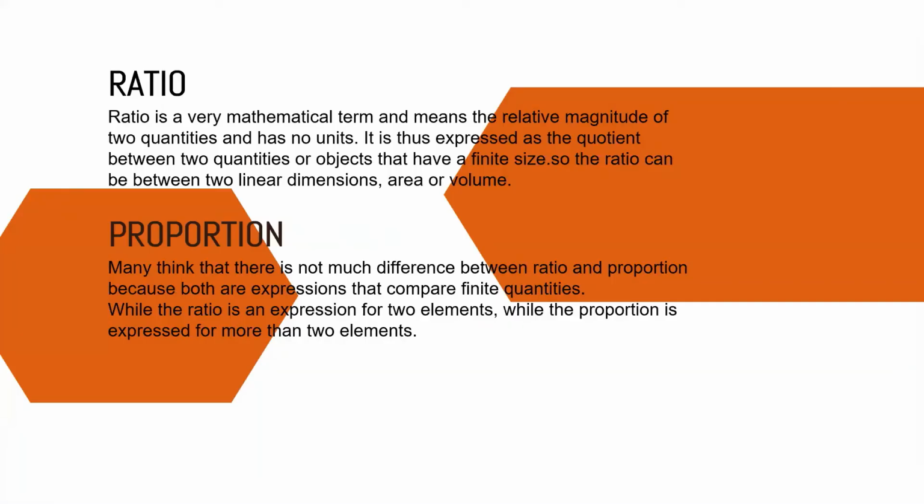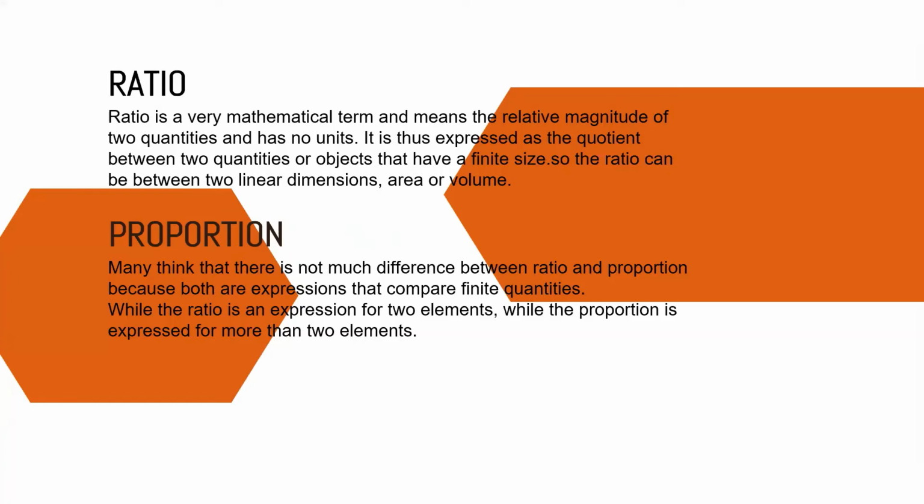Ratio. Ratio is a very mathematical term and means the relative magnitude of two quantities and has no units. It is thus expressed as the quotient between two quantities or objects that have a finite size. So the ratio can be between two linear dimensions, areas or volumes.